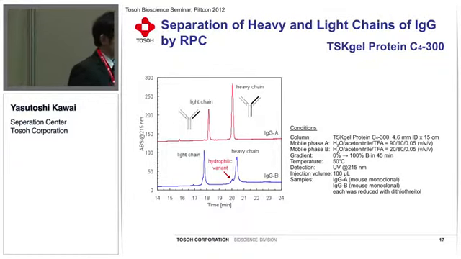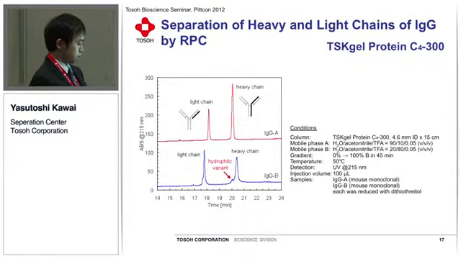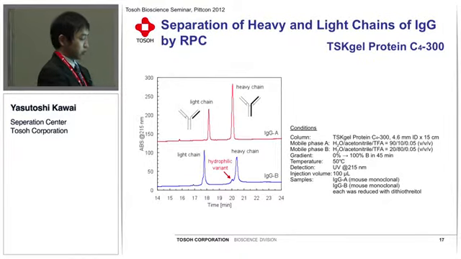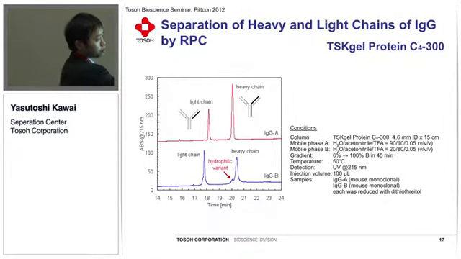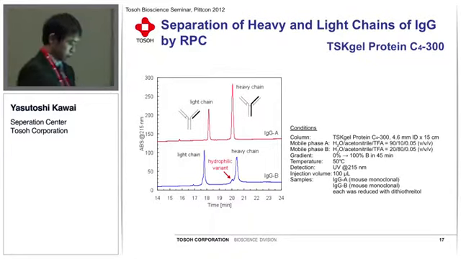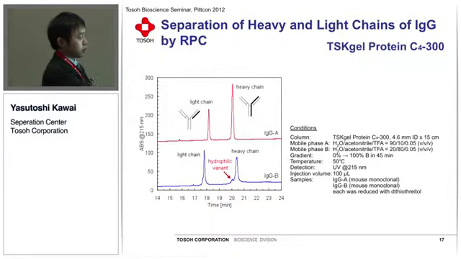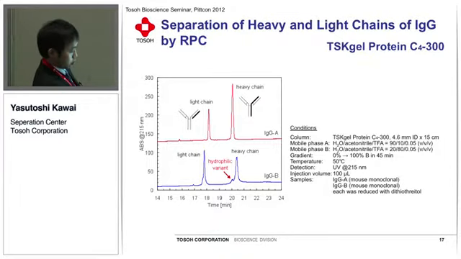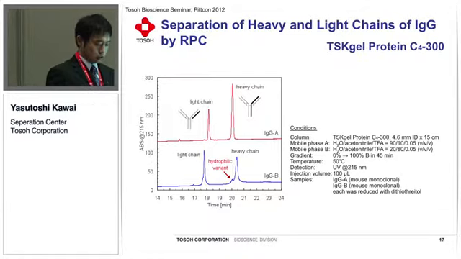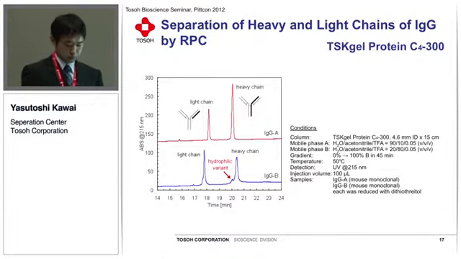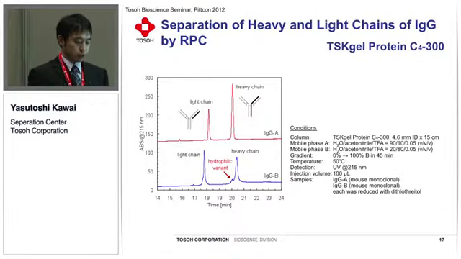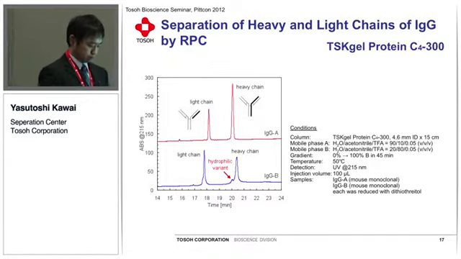I'd like to present another study. This slide presents the analysis of two antibodies, IgG A and IgG B. Each antibody was reduced with dithiothreitol to dissociate into heavy chain and light chain, and then applied to RPC column.